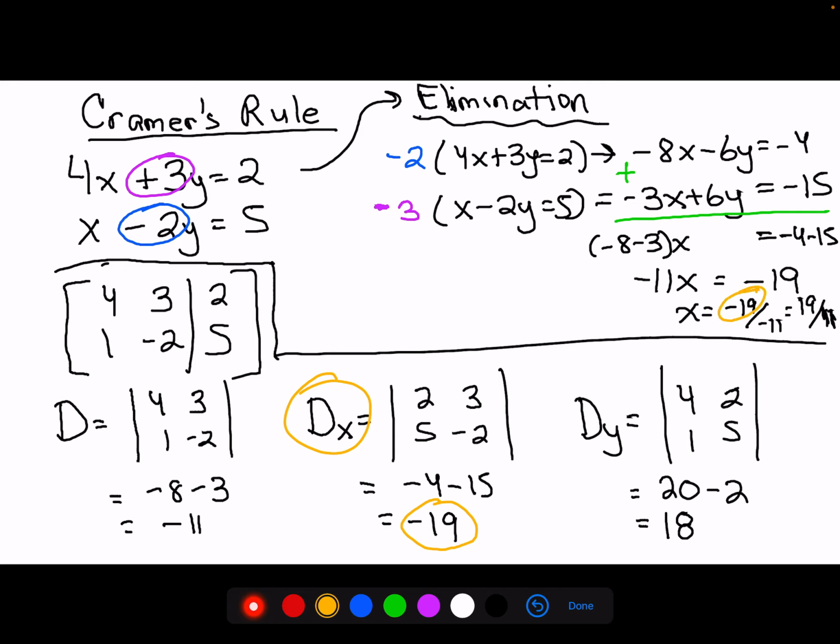And notice that this negative 11 with D is right here. So when we solved for x, we were able to take that determinant sub x over that determinant without the subscript.